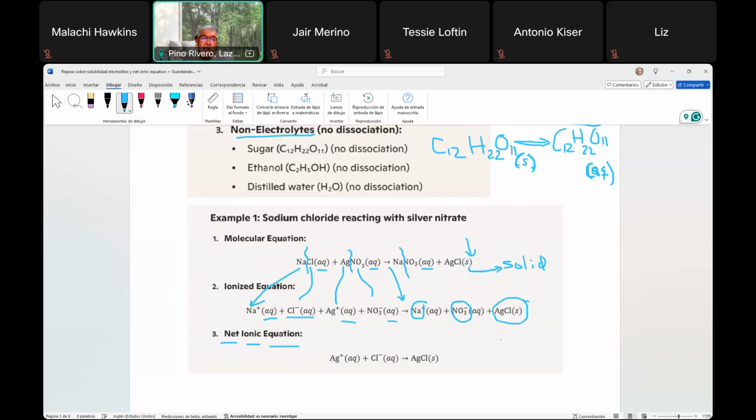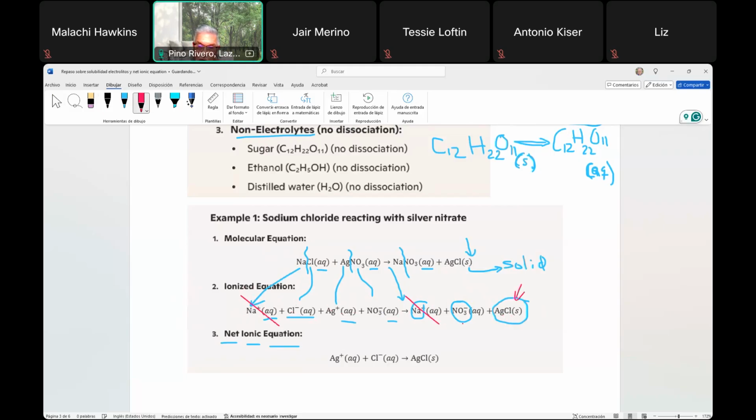And now, what is the following step? The following step is to look at the spectators. What are the spectators? Are ions that are the same way in the reactants. Look, sodium and sodium. And then I cancel them because they are the same in the reactants than in the products. Chloride, chloride is not. Look, here is a solid, is different. Then it is not a spectator.